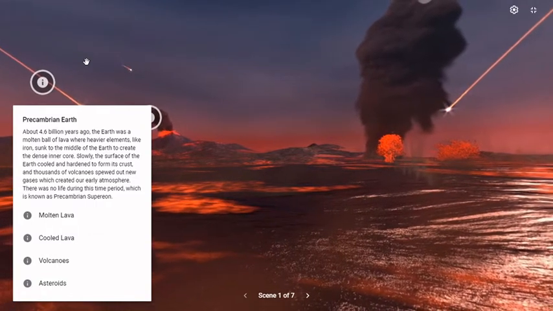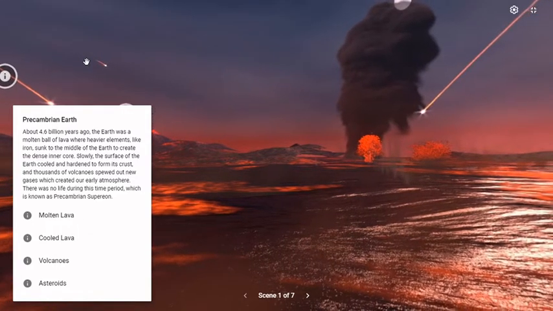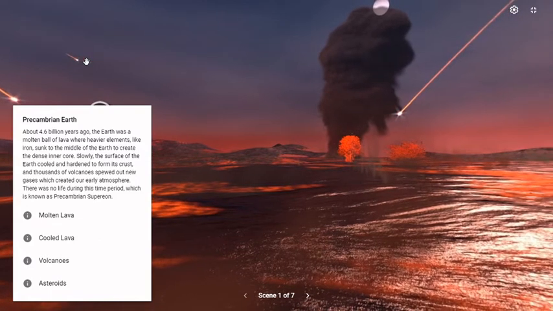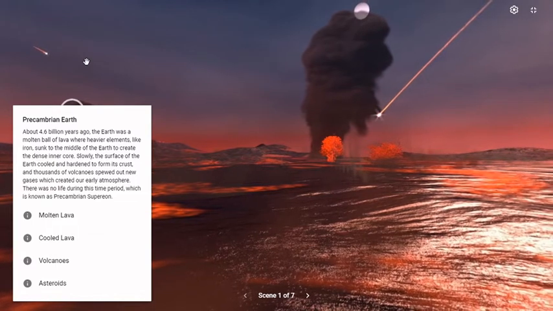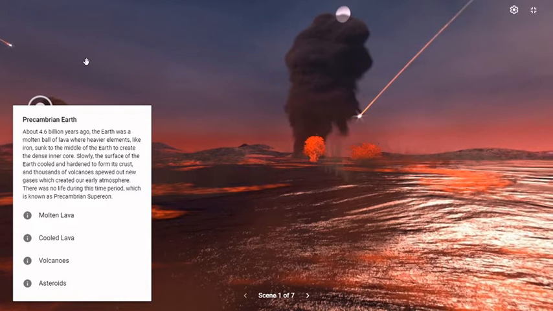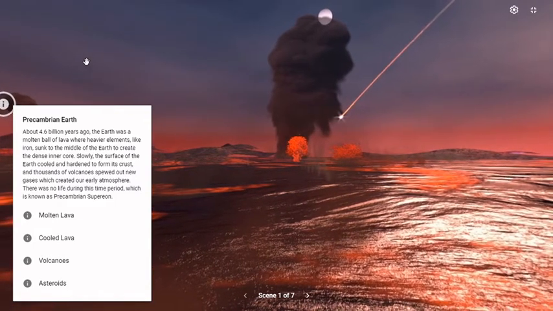Slowly the surface of the Earth cooled and hardened to form its crust, and thousands of volcanoes spewed out new gases which created our early atmosphere. There was no life during this time period, which is known as the Precambrian supereon.